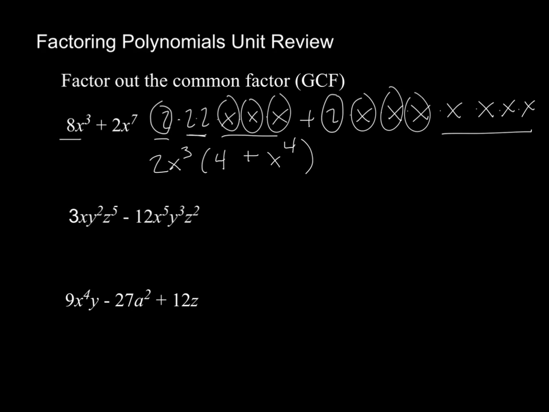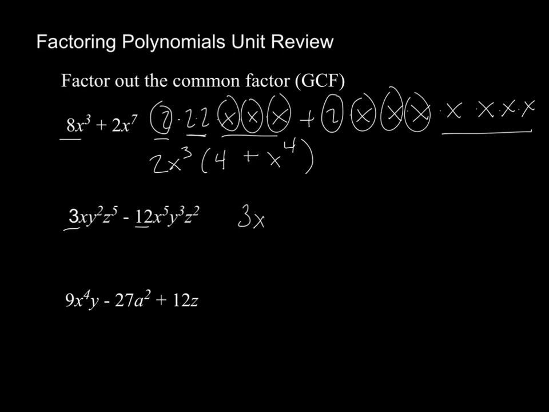The short way, looking at this, I see 3 and 12, they have a common factor of 3. Now, I know we have a common factor of x, y, and z to all three of these. The lowest exponent on the x is a 1, so I'd have an x to the 1, which is just plain x.